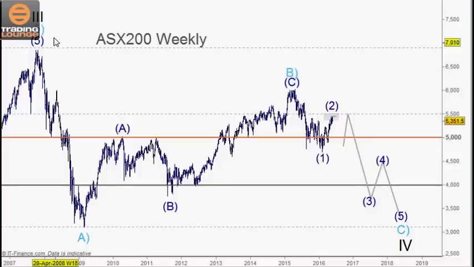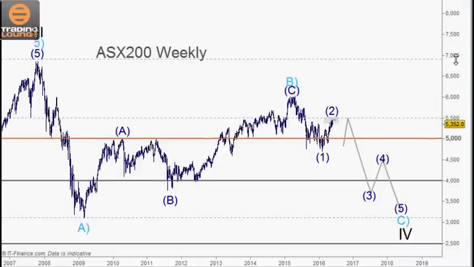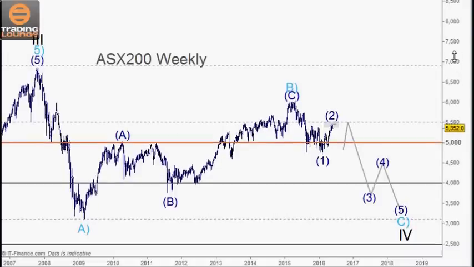from this wave 3 top here, which is a very large wave 3, I think, that started pretty much back in the 74, 75 area, and looking at this wave 4 here, basically a wave 3 to wave 4, and of course the GFC kicked it off in the A wave, so to speak.